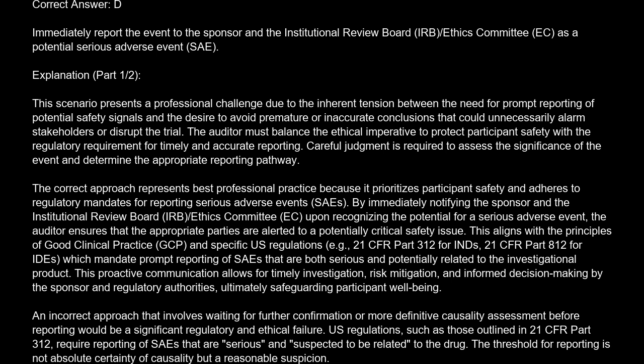This aligns with the principles of good clinical practice, GCP, and specific U.S. regulations, e.g., 21 CFR Part 312 for INDs, 21 CFR Part 812 for IDEs, which mandate prompt reporting of SAEs that are both serious and potentially related to the investigational product. This proactive communication allows for timely investigation, risk mitigation, and informed decision-making by the sponsor and regulatory authorities, ultimately safeguarding participant well-being.